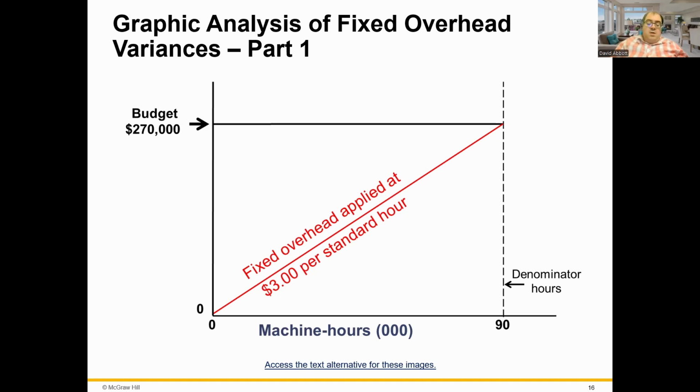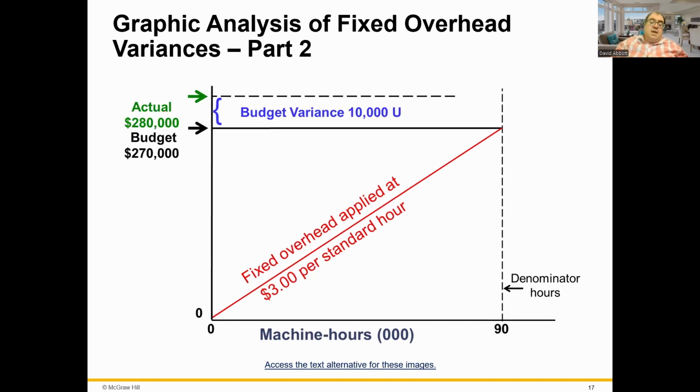The linear manner in which fixed overhead is applied to products is depicted by drawing a straight line from the origin to the intersection of the budgeted fixed overhead, which is 270,000, and a denominator activity, which is 90,000 machine hours. The slope on this line indicates that fixed overhead is applied at a rate of $3 per machine hour.